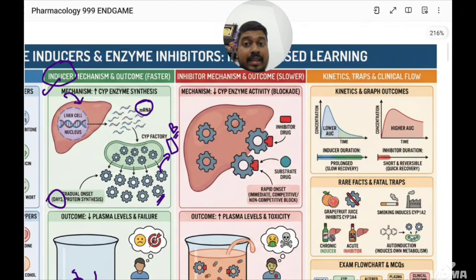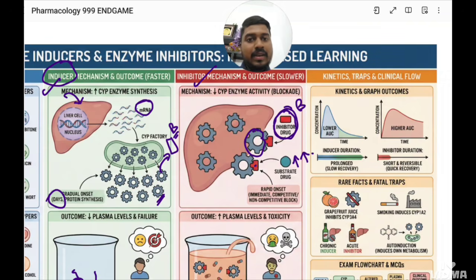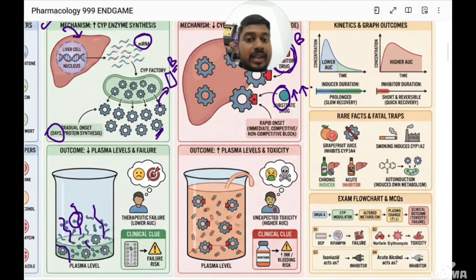Now there are some drugs which are enzyme inhibitors. These inhibitor drugs cause inhibition of the enzyme, as a result of which the original drug, drug A, which was supposed to act on the body, is not metabolized in the liver. Hence drug A concentration increases, because drug B is inhibiting the enzymes which break down drug A. The increase in concentration of drug A causes toxicity, and this effect is immediate.